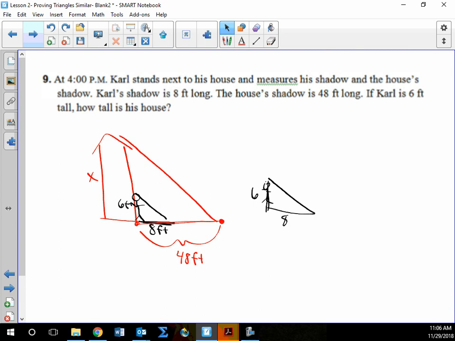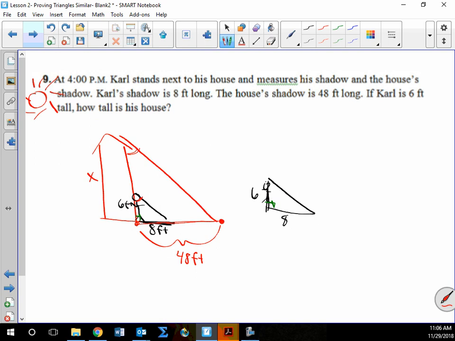So again, in our high school geometry class, we're going to stick with ones that are standing straight up. So we know that these are perpendicular to the ground, so they both have a right angle. Also, the sun is casting the shadow at the same angle. So this angle is going to be the same as this angle.